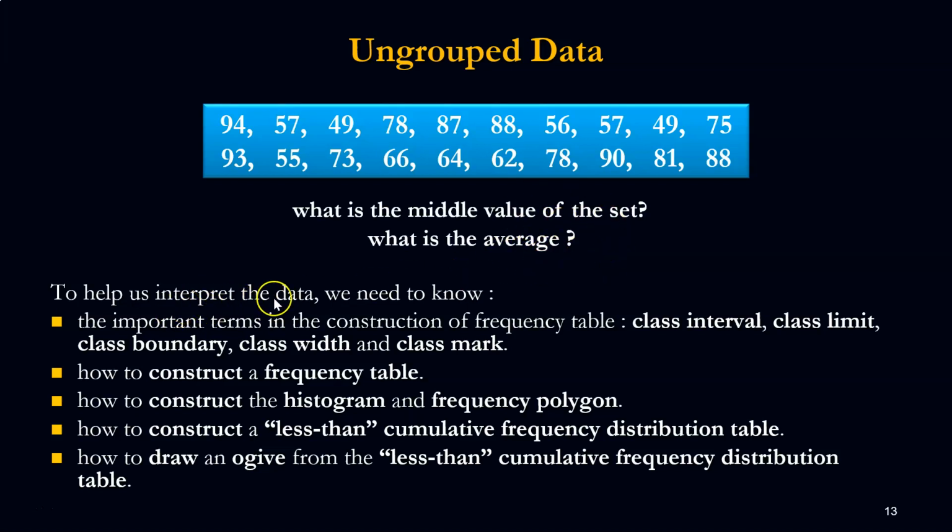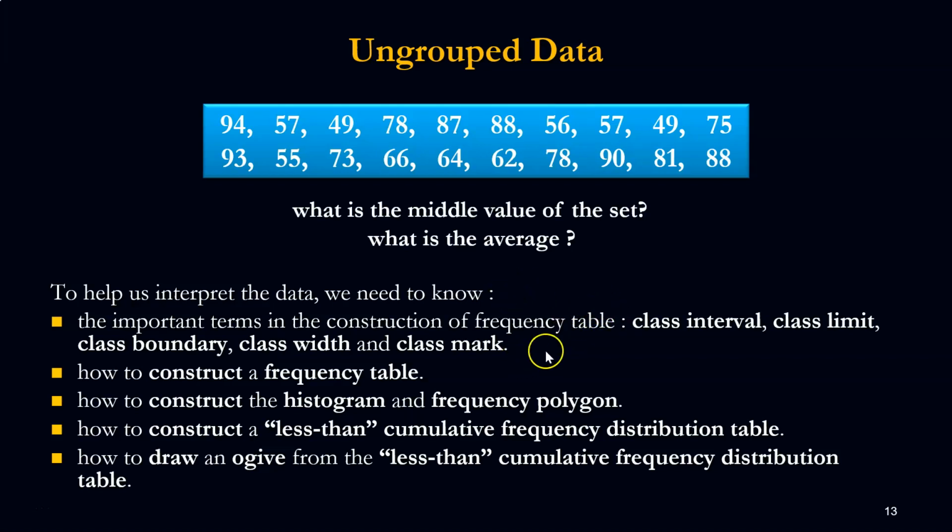So, to help us interpret the data, we need to know first the important terms in the construction of a frequency table. So, when you are given ungrouped data macam ni, untuk senang, so that you can analyze the data easier, you have to construct a frequency table ataupun jadual kekerapan.